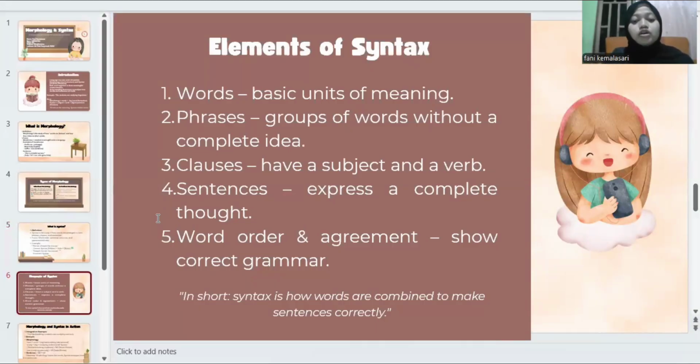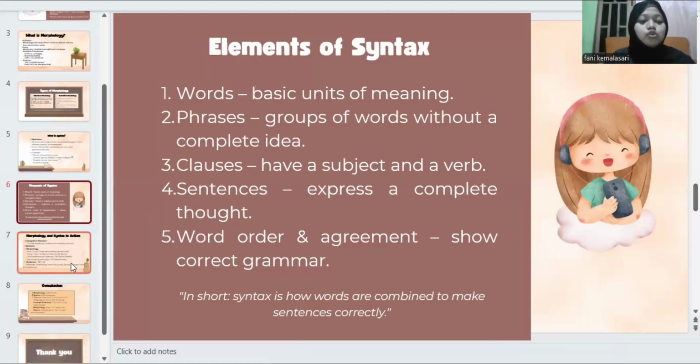Clauses have a subject and a verb. And the last, there is sentence, which expresses a complete thought. For example, the students are studying. That is a sentence because it has a subject and a verb. So syntax helps us organize words correctly, and that is what makes language beautiful and logical. All right. Okay, and then we move to the next slide.